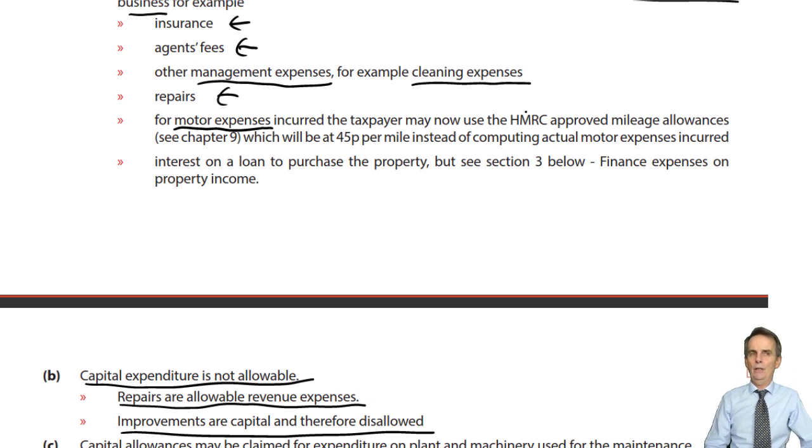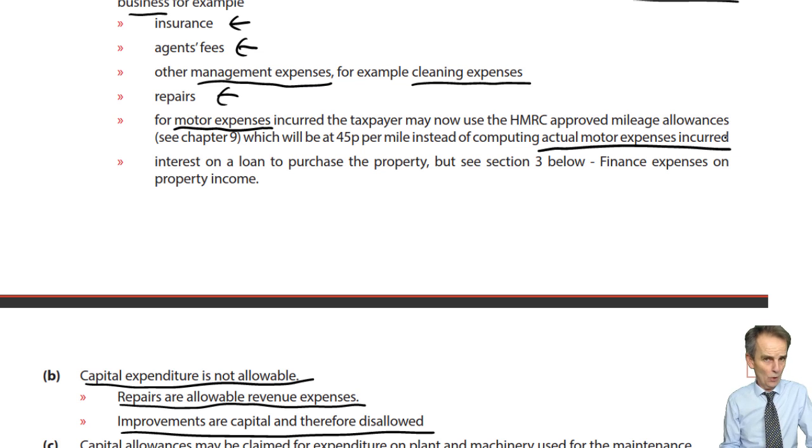Rather than trying to claim some actual figure of motor expenses incurred, which one could try to do, but that's going to be difficult to work out, there's a far easier basis that we will use here.